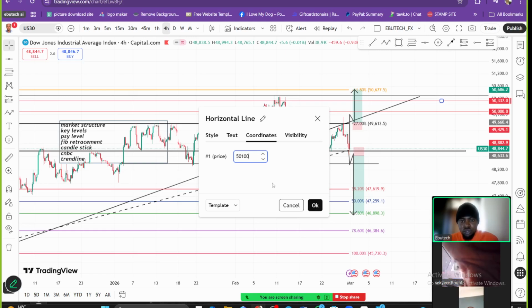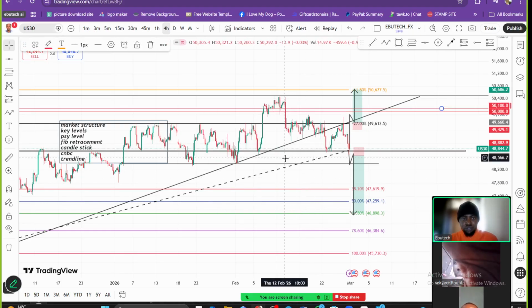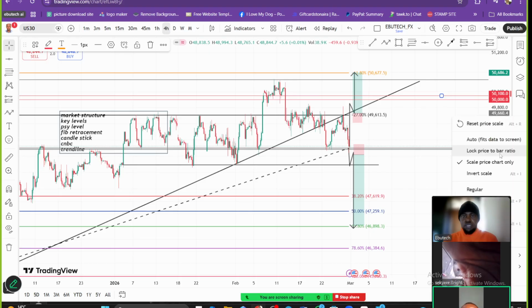Once you see that the market reacts every 100 pips in US 30, there is always a reaction. So now you type 50,000 100. Why do you see this thing like this?